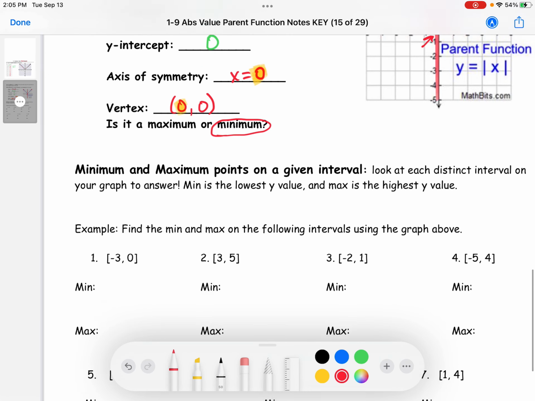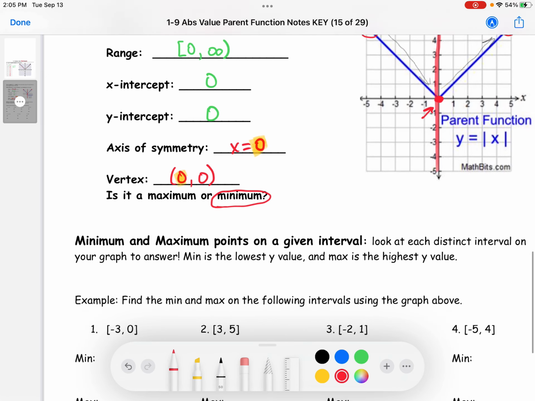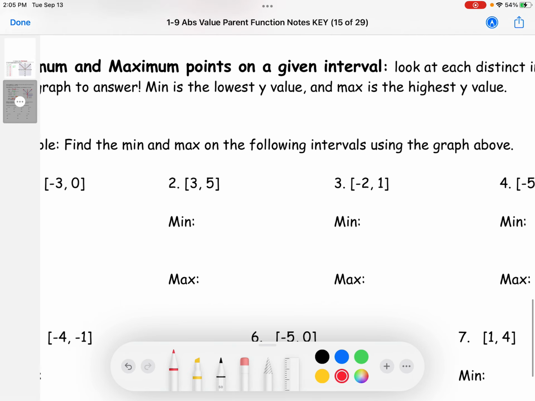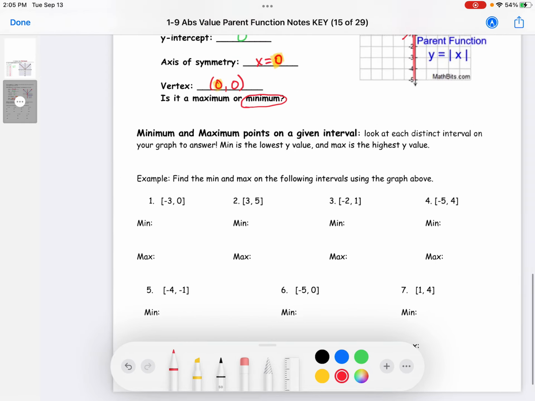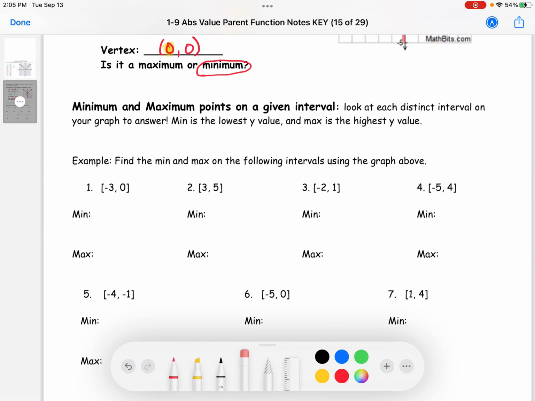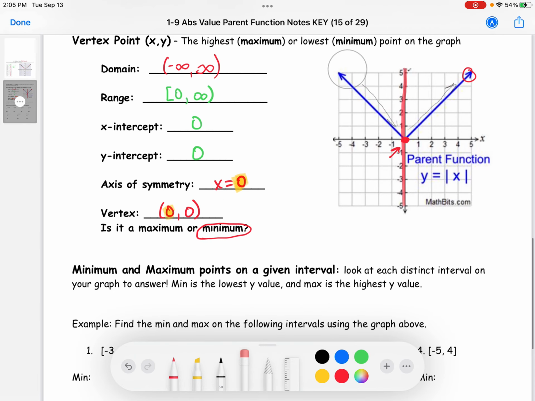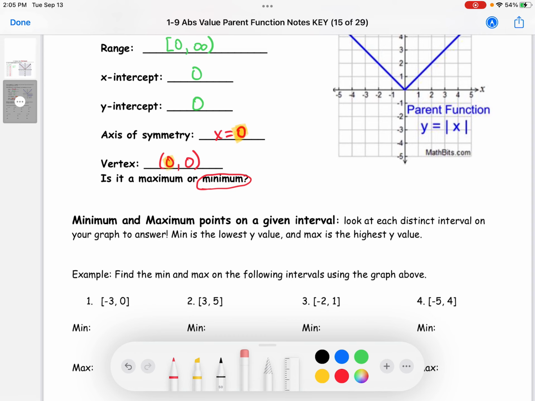Okay, what I want you to do is, when you look at this graph, the problem is going to give you an interval. All of these intervals that are given are x values. We're going to look specifically in between the values of -3 and 0.